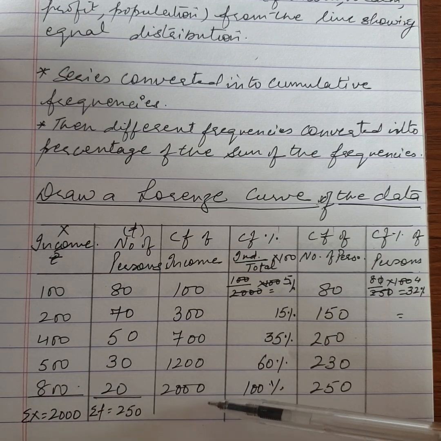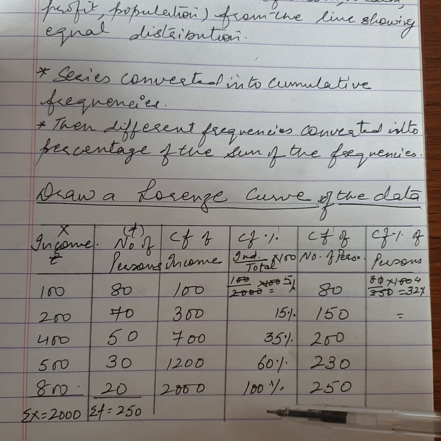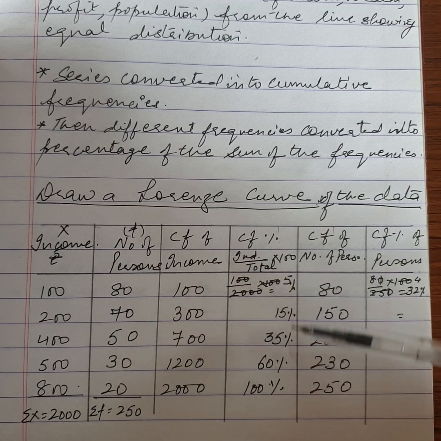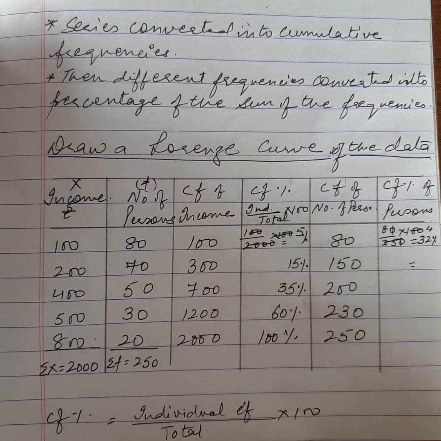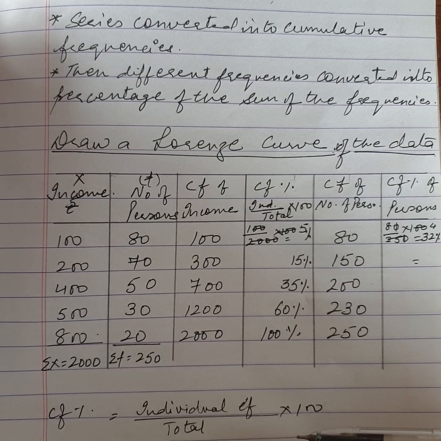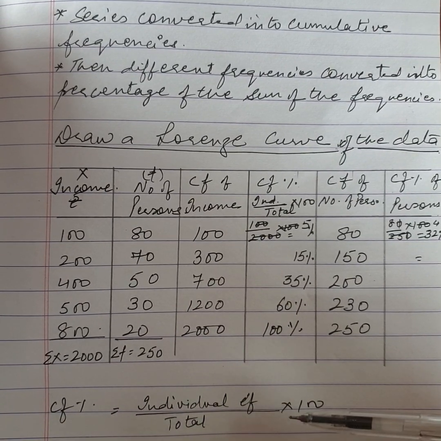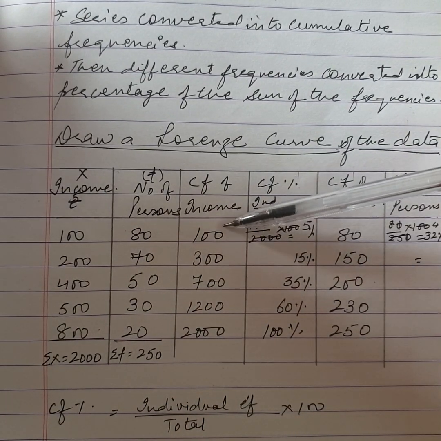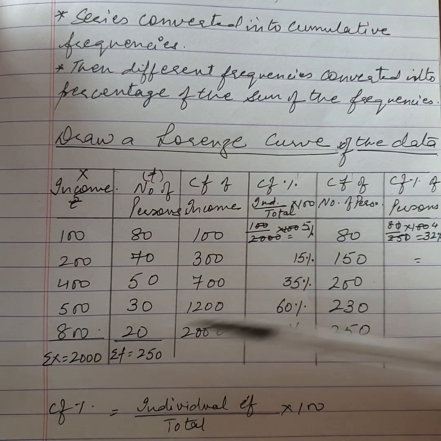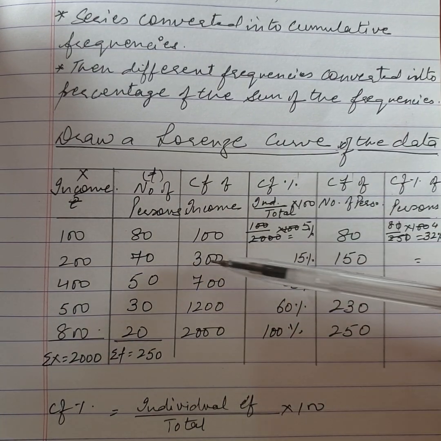Then we will convert the CF into percentage. The formula for CF percentage is individual CF divided by the total multiplied by 100. 100 over 2000 into 100 is equal to 5%.